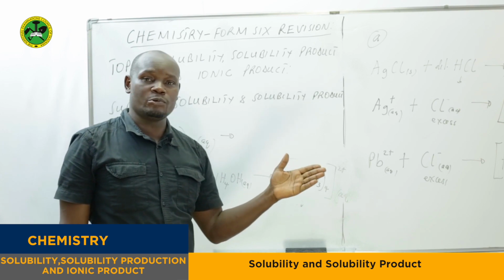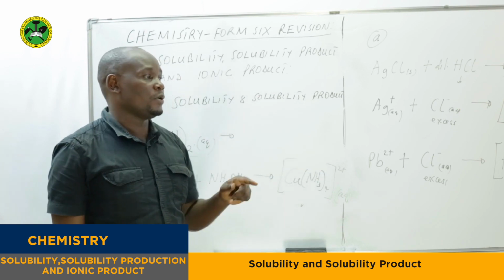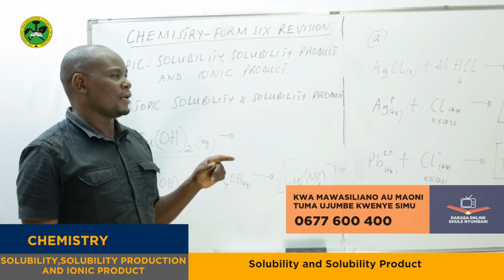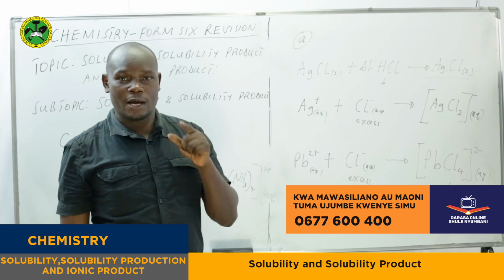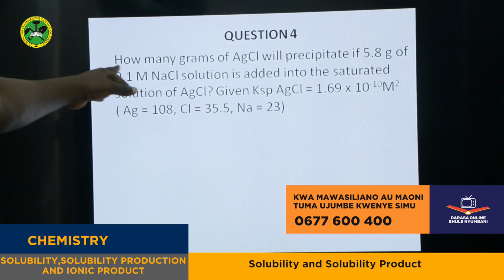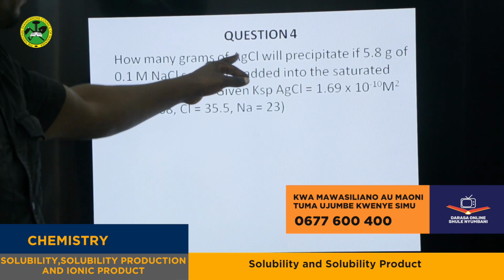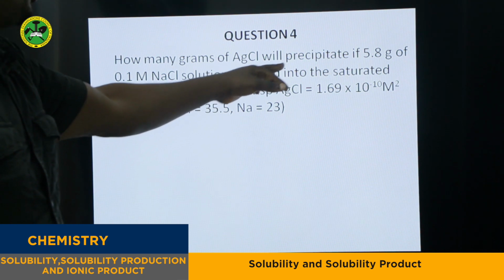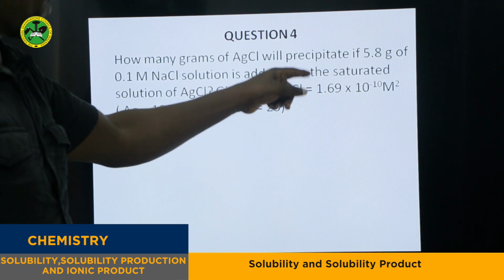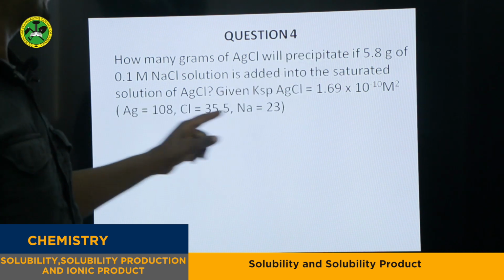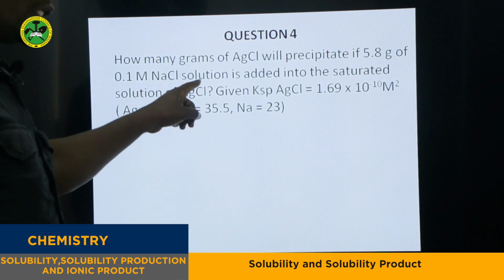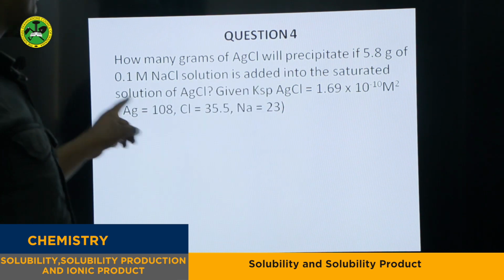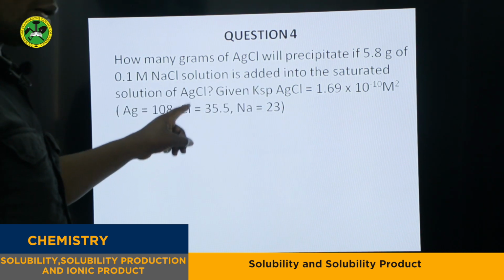So I will read it to you and you copy it, then do it as your assignment. Now question number 4 is your assignment. How many grams of silver chloride will precipitate if 5.8 grams of 0.1 mole sodium chloride solution is added into the saturated solution of silver chloride?